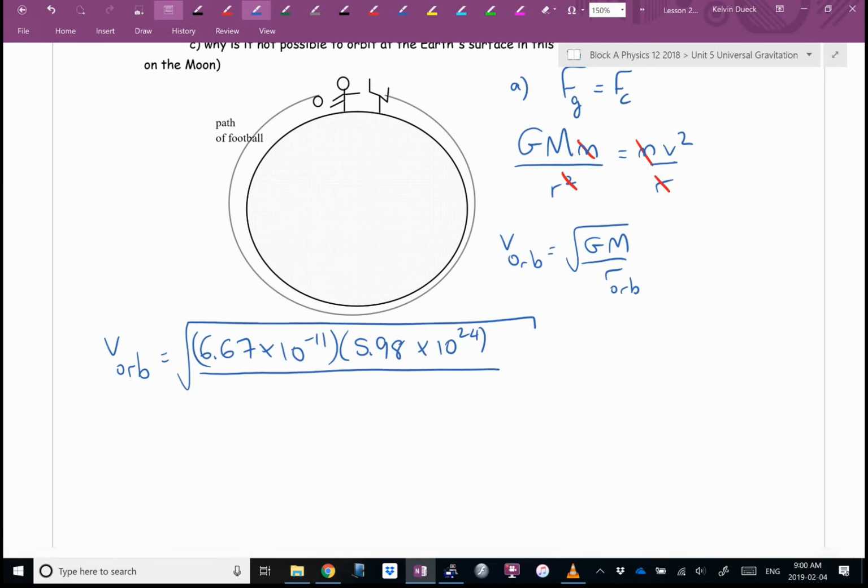Is that the radius of the Earth, I think? Going from memory here. Again, I'm hoping all of you have clued in where these are on your sheet. If you wanted to orbit right at the Earth's surface, how fast would you need to be traveling?